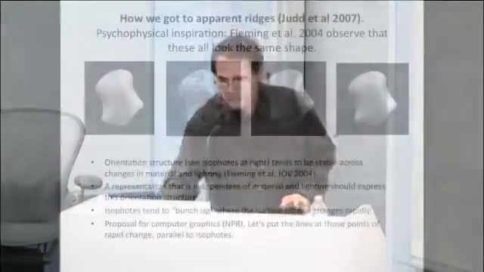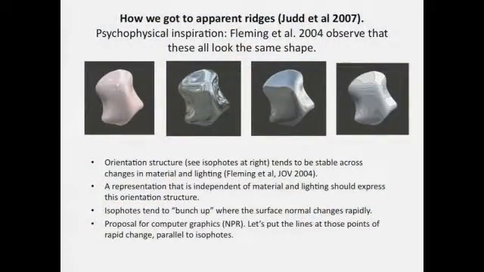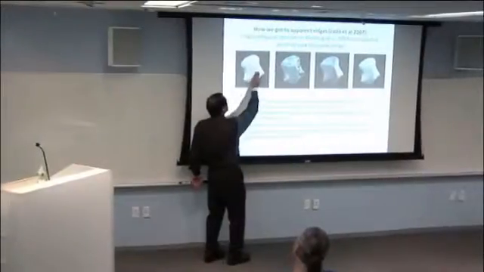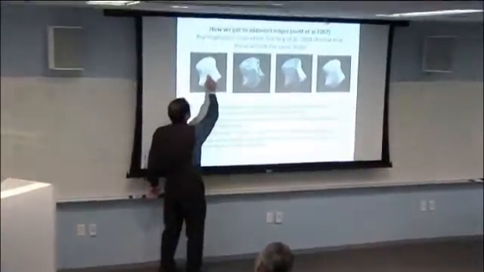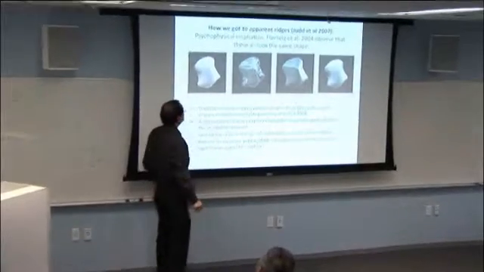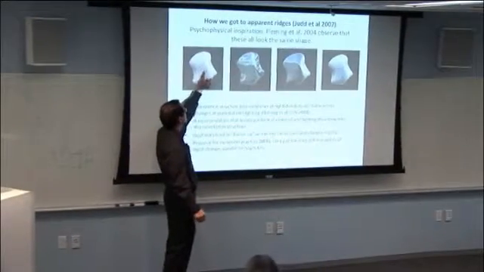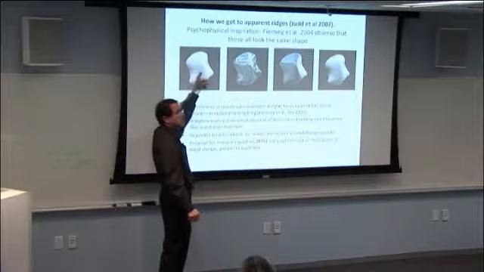Our inspiration was the observation that at these points, you tend to have changes in the brightness. It might be going from dark to light, or light to dark. Where does that happen?